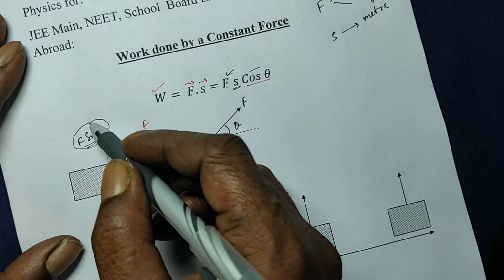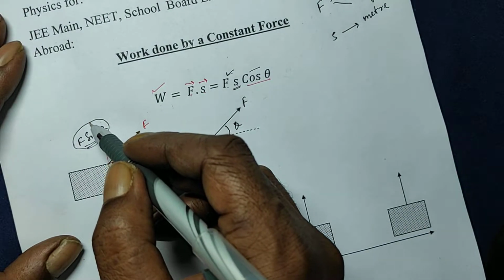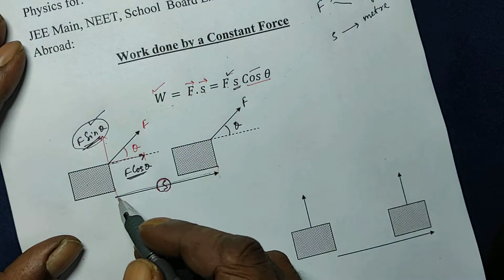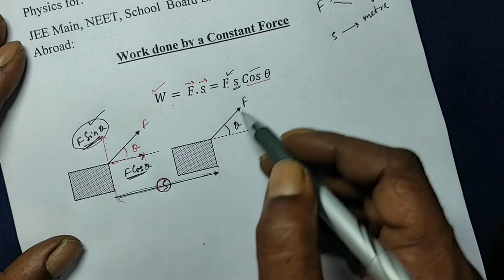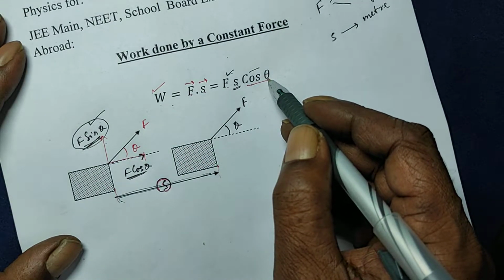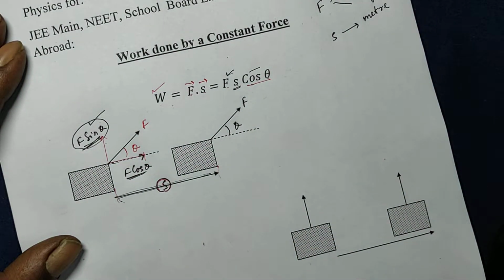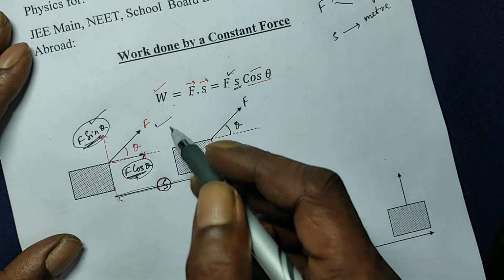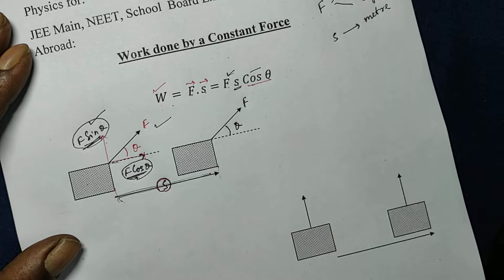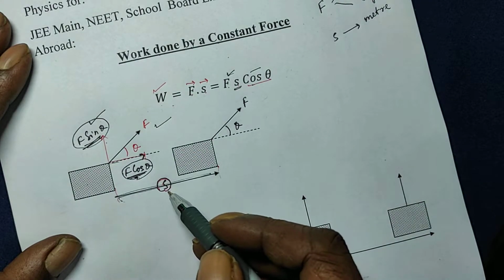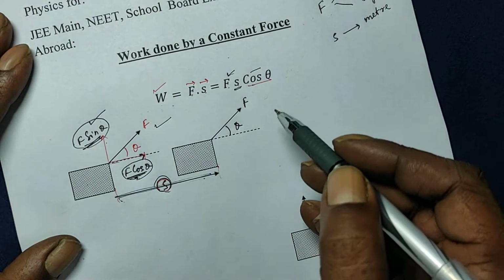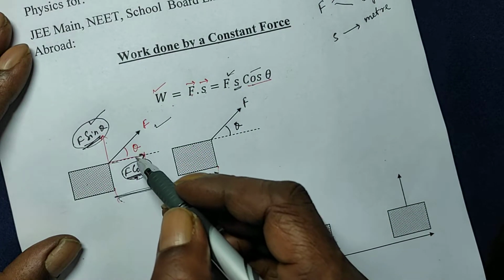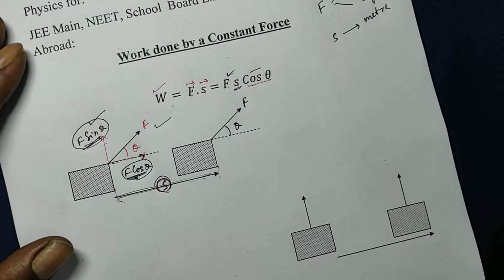If you want to find the work done due to F sin theta, the angle between F sin theta and the displacement vector is 90, so put cos 90 here, so work done is 0. So the only work done is due to this component of the force F. Since F cos theta and S are in the same direction and theta is less than 90, the work done is positive.